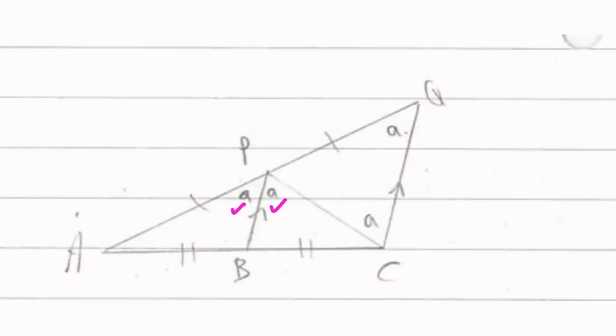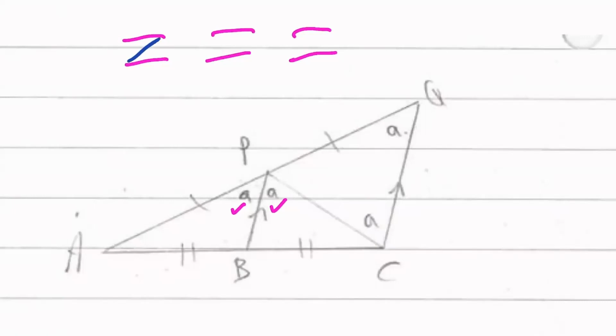Then what else do we know? We know from the midpoint theorem, P and B are midpoints of AQ and AC, that these 2 lines are parallel. Parallel means we can use what 3 letters? What 3 properties? You can think of it as 3 letters.